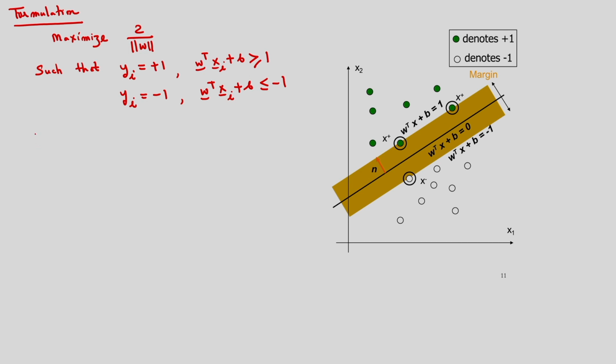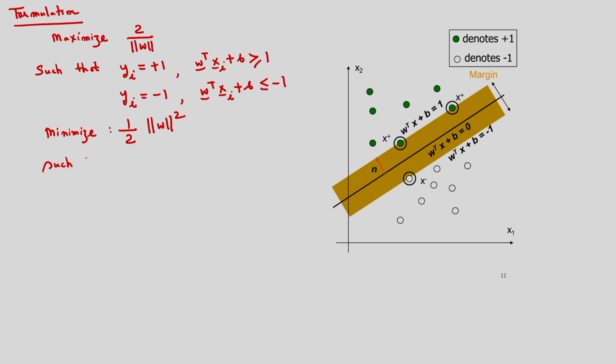This condition is equivalent to minimize 1 by 2 w norm whole square. So instead of this previous condition, maximize 2 divided by w norm, we can consider minimize 1 by 2 w norm square. So the condition will be the same.